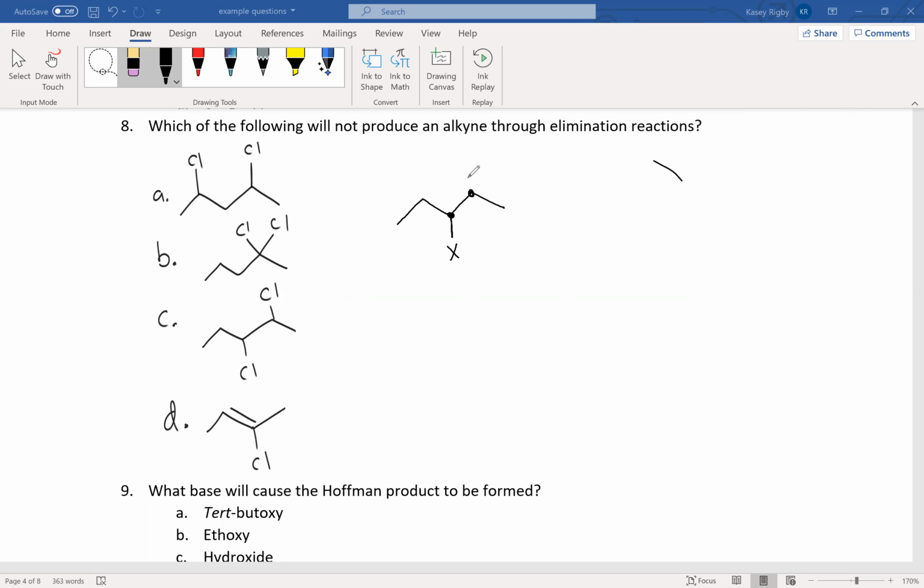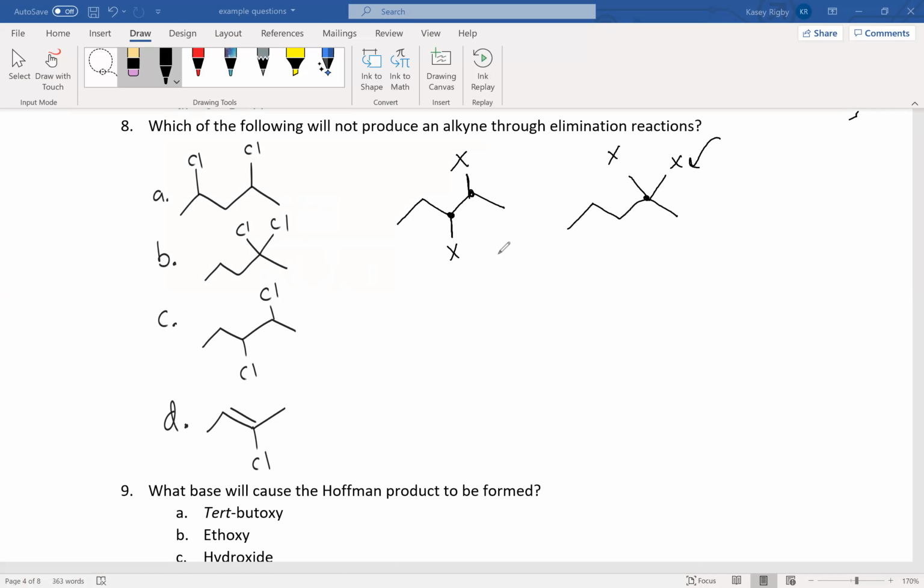X will represent my halogens here. And when we're talking about geminal dihalides, they're twins. They're going to share the same carbon. I always thought of this like Geminis. Gemini means twins. It's the whole zodiac and all that stuff. So we can see here that these two halogens are twins, and so they're on the same carbon, so they're known as a geminal dihalide. Okay?